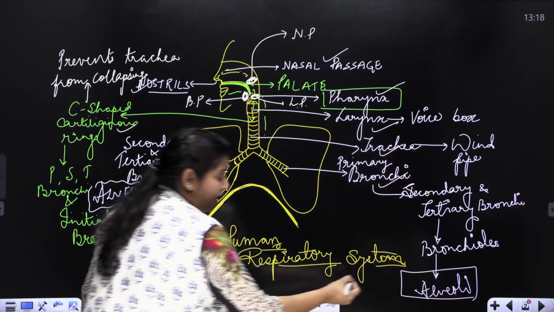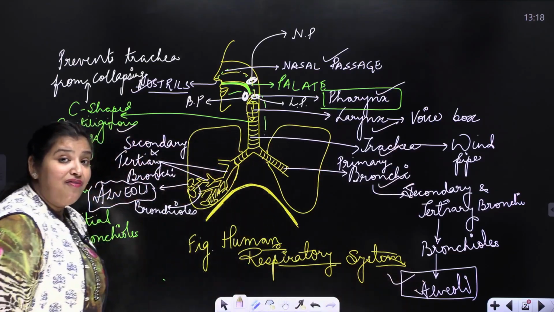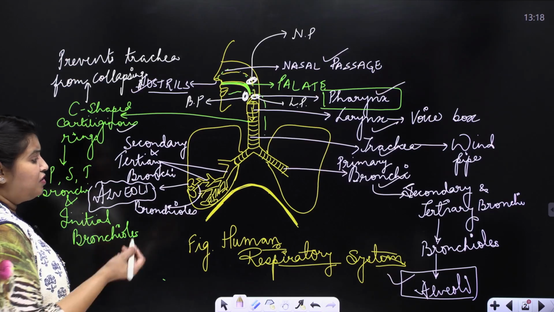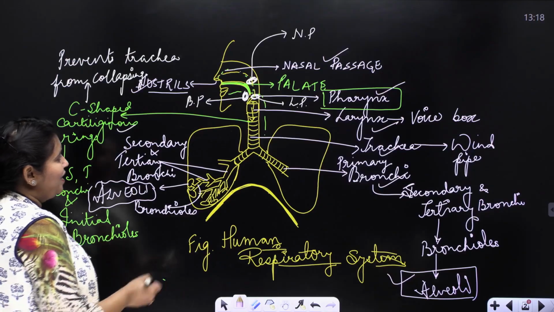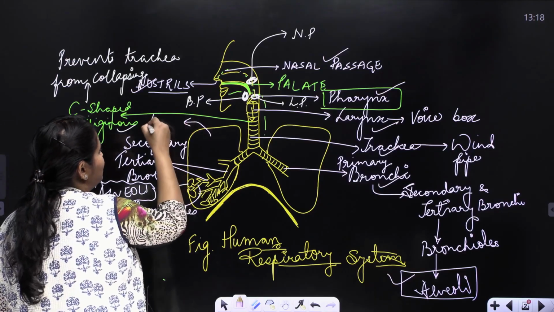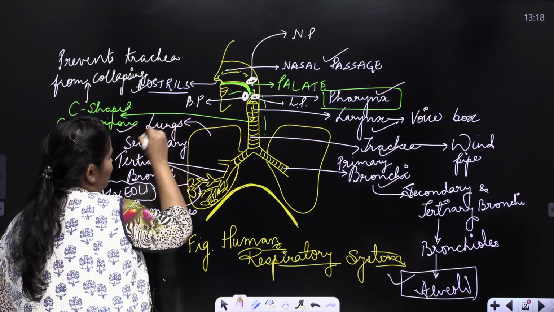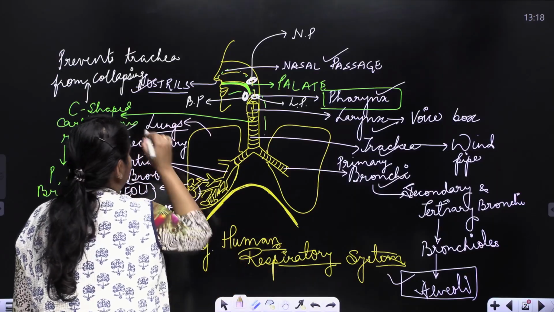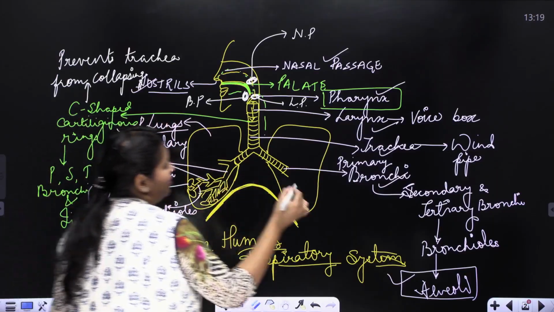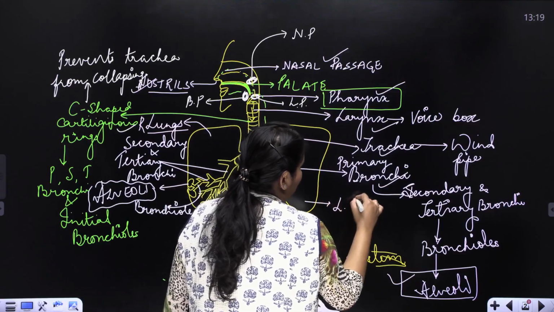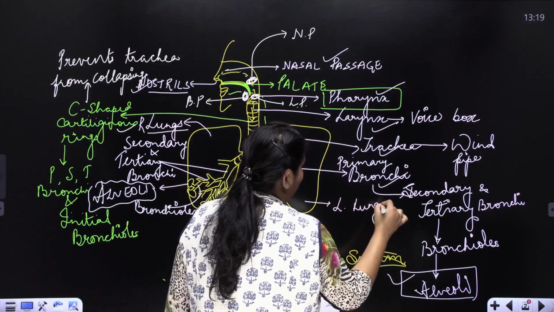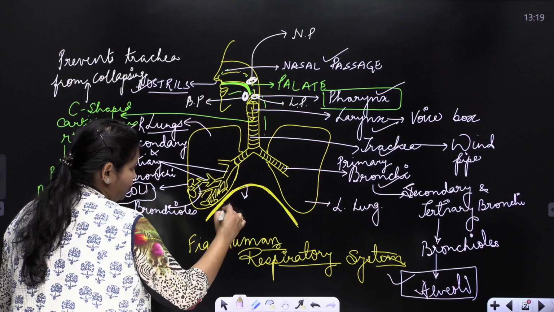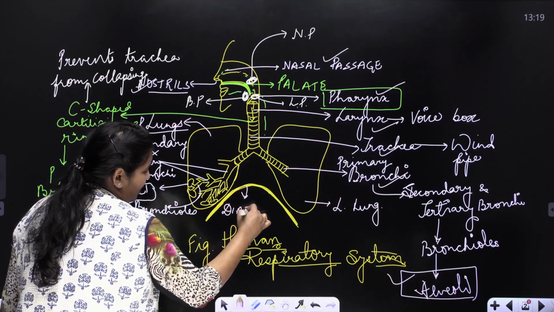We've talked about alveoli, which are the structural and functional unit of the respiratory system, the lungs. All right. And yes, we have missed out lungs, the labeling here. You can mention the left lung and the right lung. This is the right lung and this one is the left lung. So you can mark the labeling here also. And this structure is known as diaphragm.